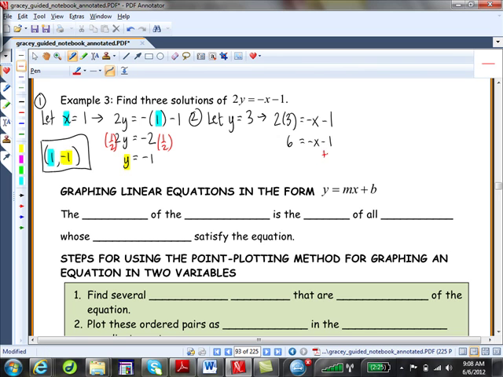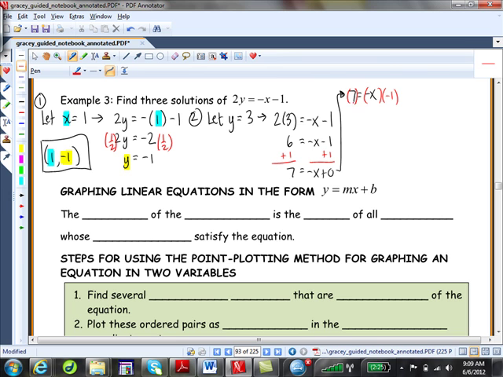Add 1 to both sides. We would get 7 is equal to negative x plus 0. So 7 is equal to negative x. We don't want negative x, we want positive x.